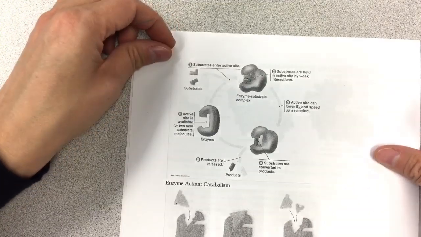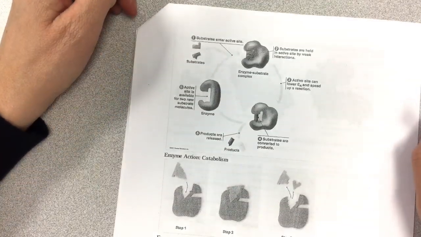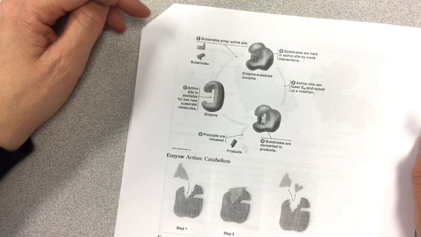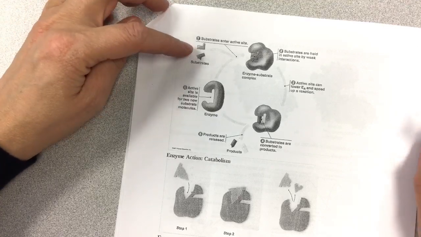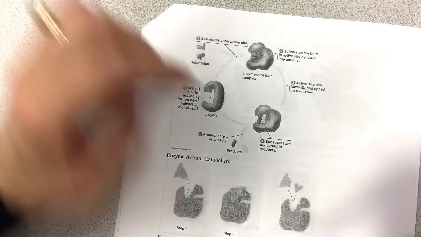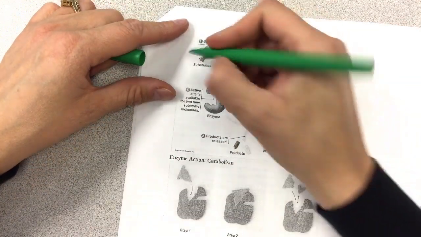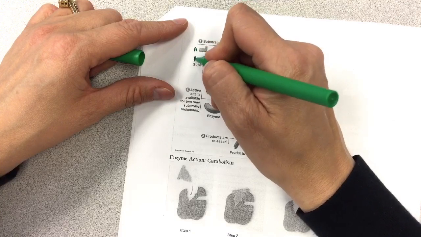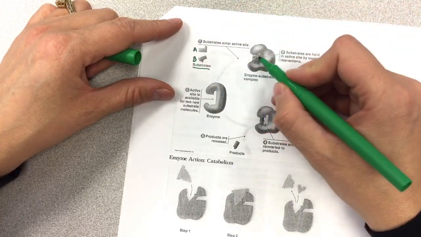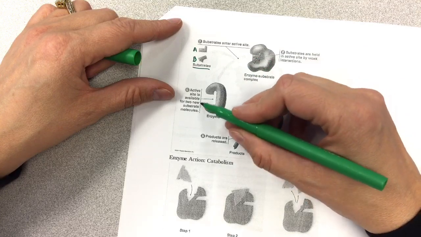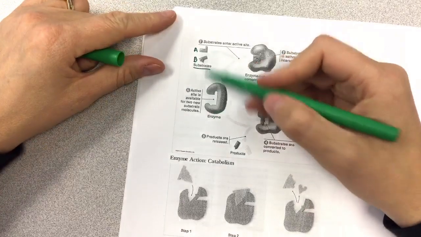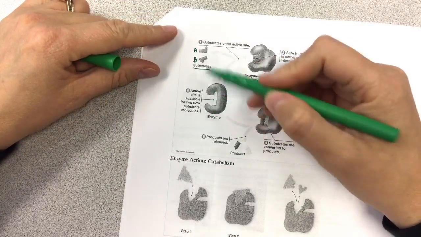This picture shows what I just drew simplistically. The same idea here, but now it's a different reaction, and you have your two substrates, let's say molecule A and molecule B. Here's your enzyme, which has a specific shape, and those substrates fit into the active site.